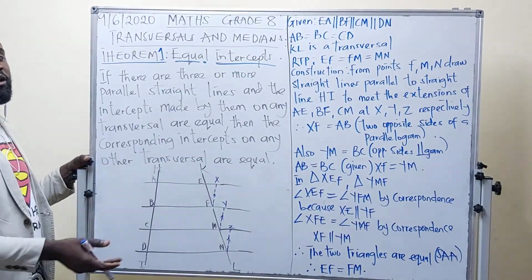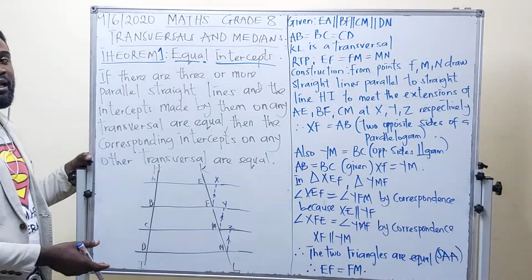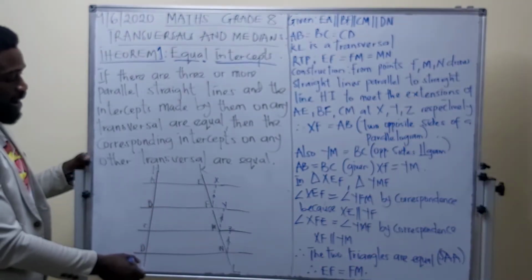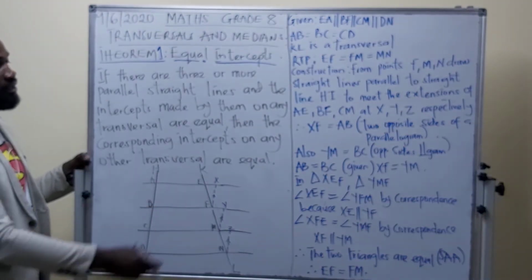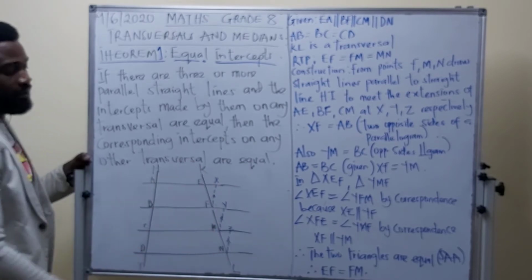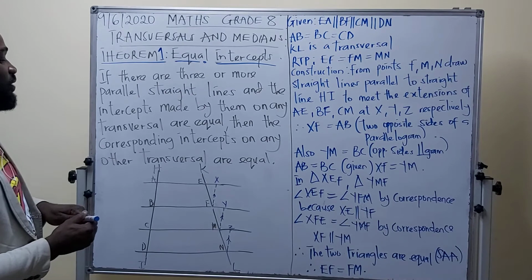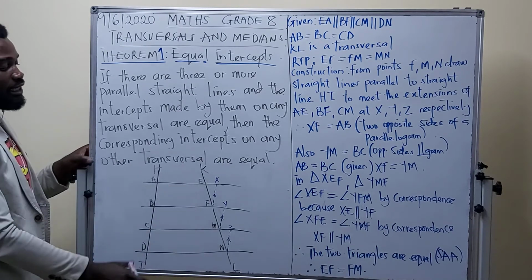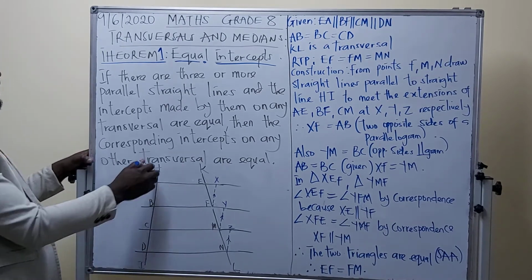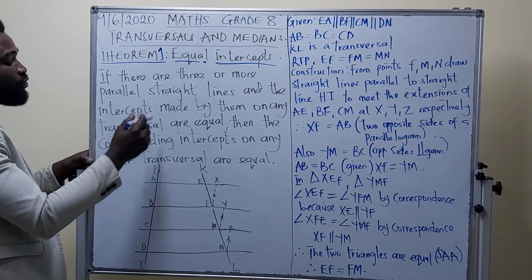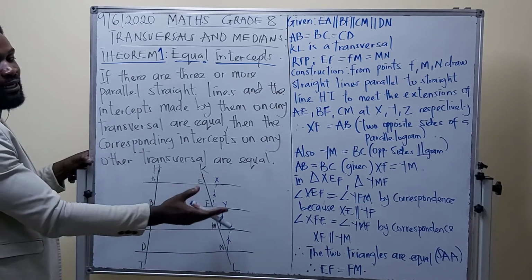Or which of these lines are parallel lines? HI is a transversal. KL is another transversal. So it means we have 2 transversals in this very diagram. And this line is always going to be called a transversal because it's cutting through 2 or more parallel lines.